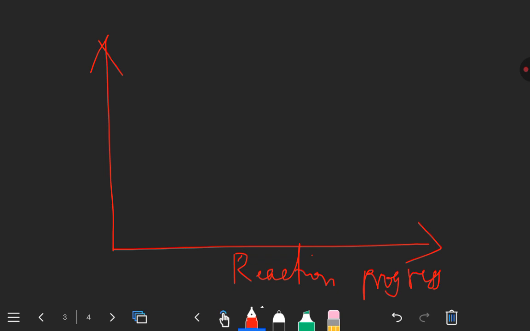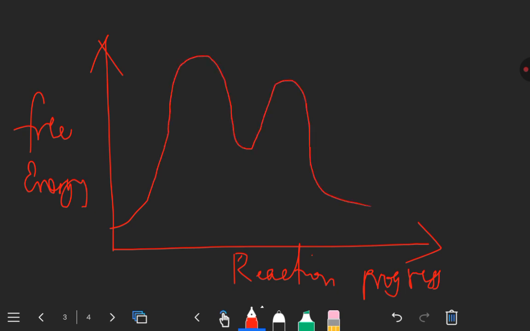Then on the y-axis, we can have free energy. Then the graph simply moves like that. So this is how the graph moves. Okay, let me just make it smooth. So the graph moves like that.